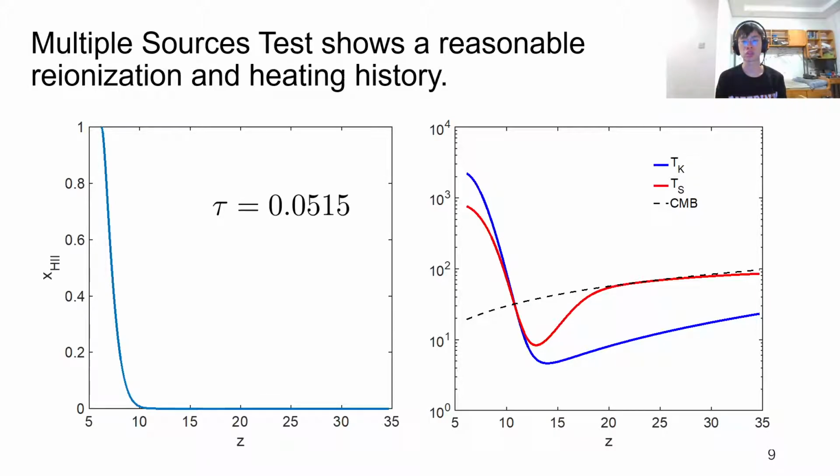The heating histories also have similar features consistent with other simulations and theoretical predictions. You can see the spin temperature is coupled to CMB temperature at first, and then it couples to gas temperature later. And at the end of reionization, both of them will be much larger than CMB temperature.